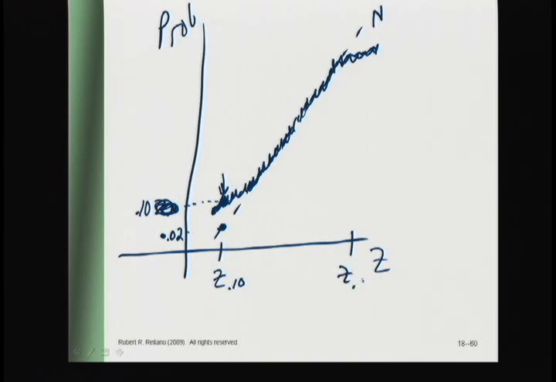I have a z point here, say Z90, I go up here, that in the real world data corresponds to 90, but on the normal plot, that z value might be a much higher value. So you have a fat right tail. Okay, and so this profile of the raw data being above the normal probability plot on the left and below on the right is evidence of these fat tails.